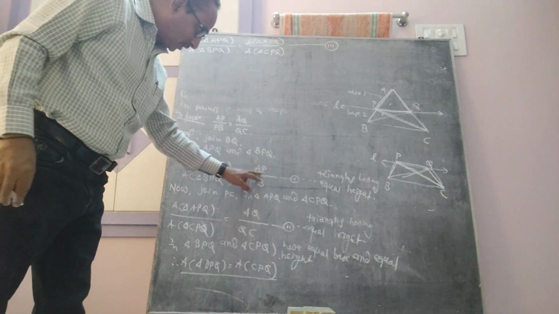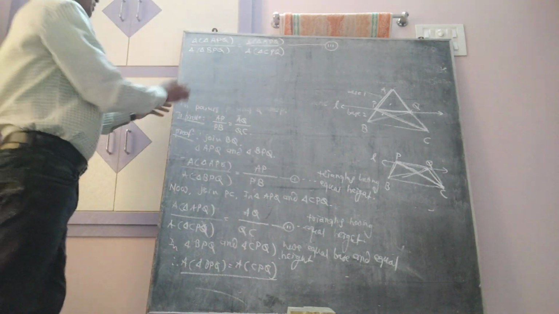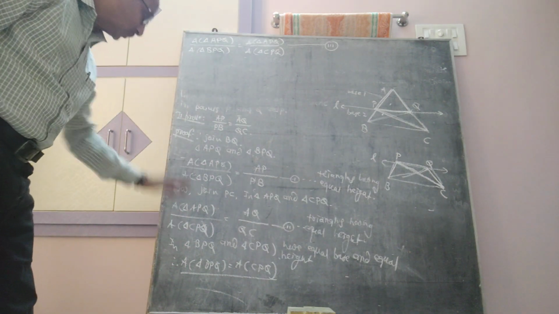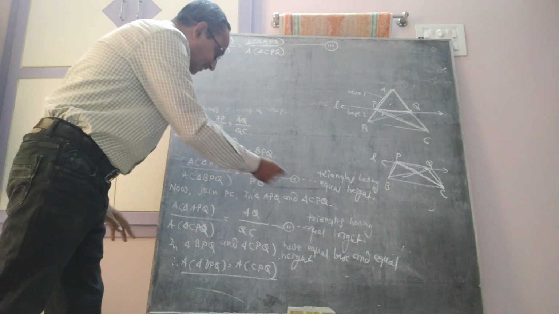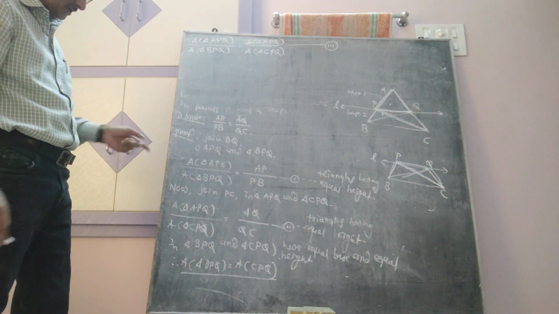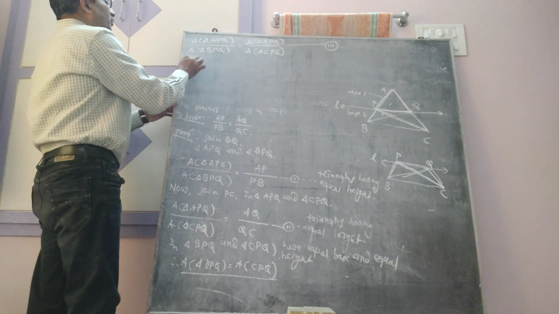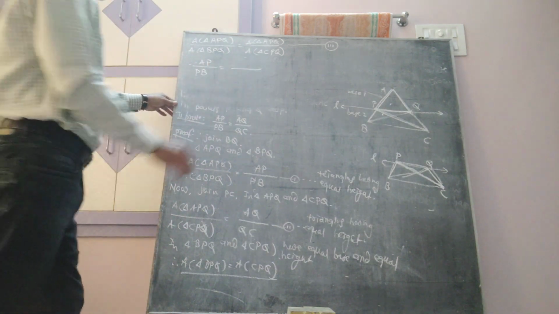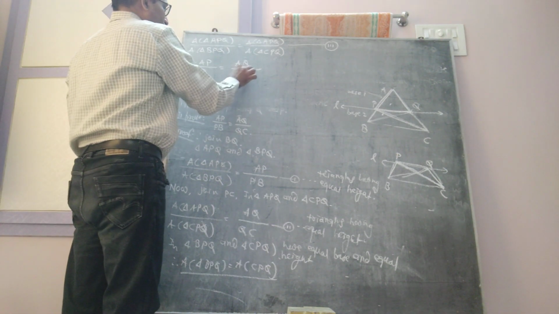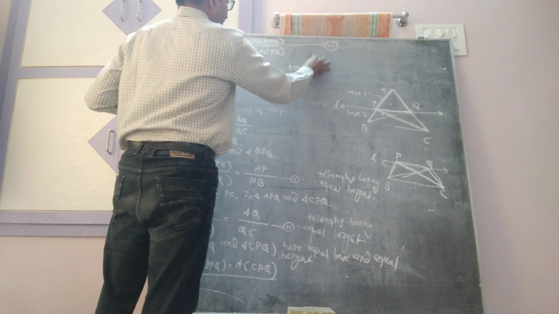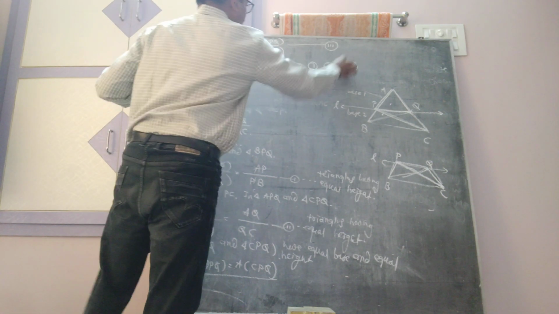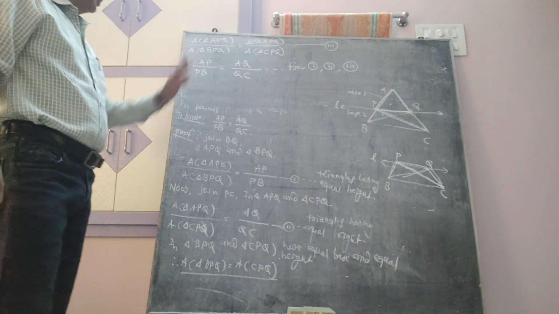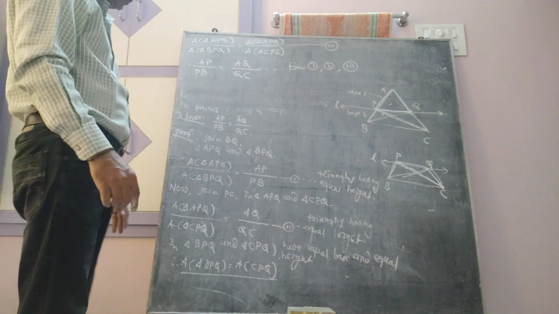When we observe equations 1, 2 and 3, we notice that the left hand sides of equations 1 and 2 are equal, so the right hand sides are also equal, and so AP upon PB is equal to AQ upon QC. From equations first, second and third, in this way we can prove the theorem.